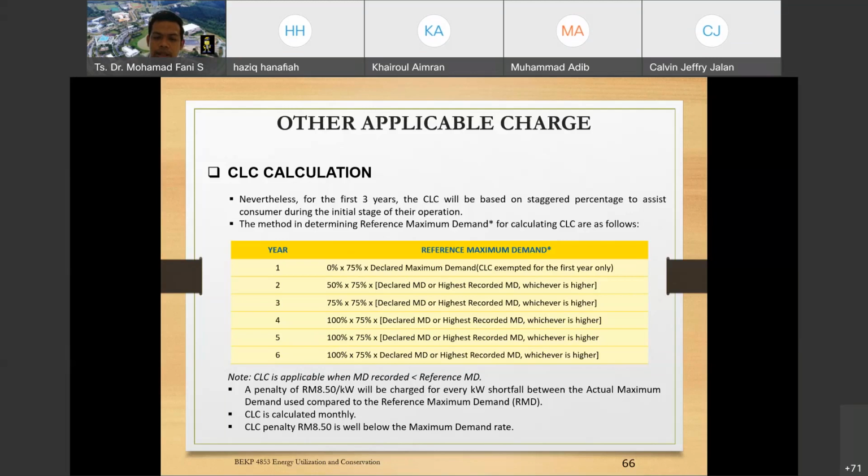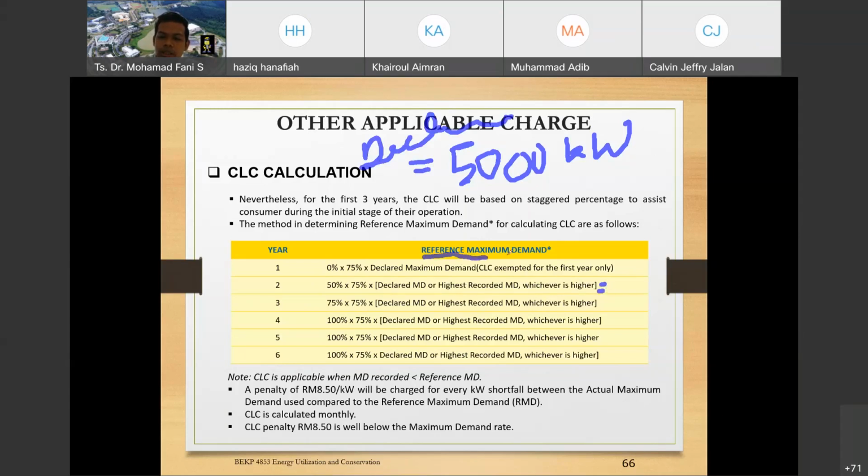Let's see the example. Try to calculate this one. We declare 5,000 kilowatt hour. So what's the value of the RMD for the second year?